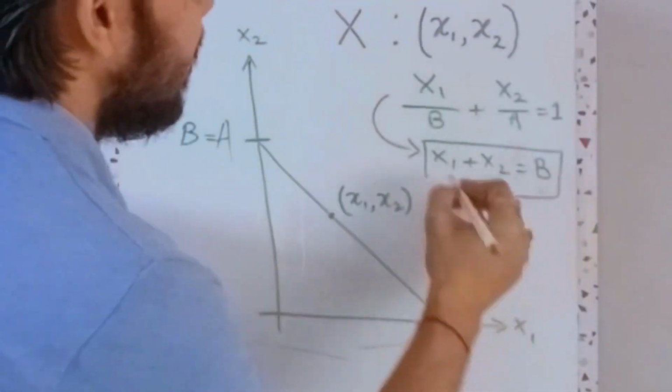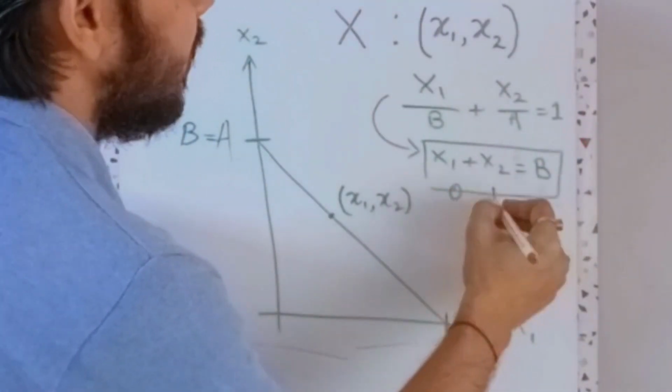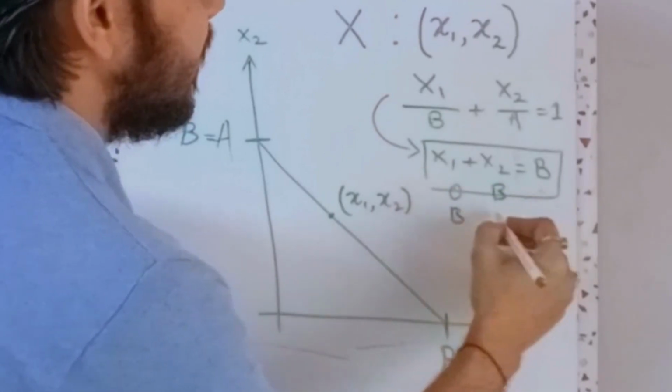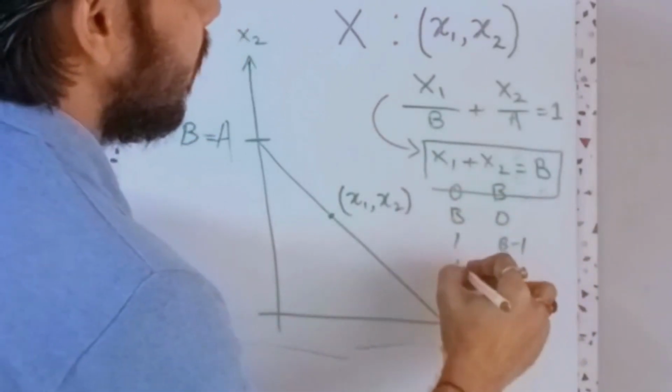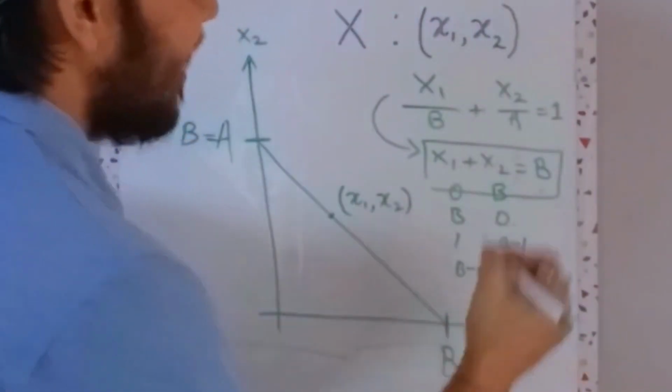It means that give me either 0, B or B, 0 or 1, B minus 1 or B minus 1, 1, and so on.